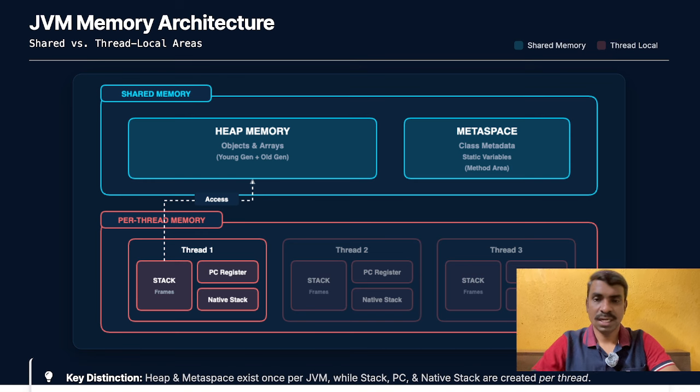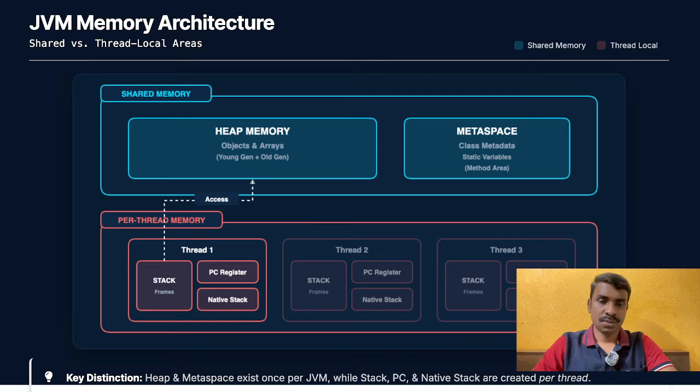Metaspace has the class definition, static variables, etc., but heap memory holds the actual objects and arrays. For a particular class we can have a number of objects, right? These objects go into heap memory.